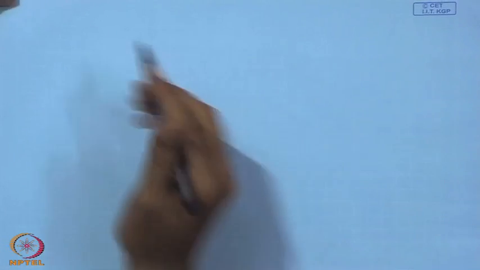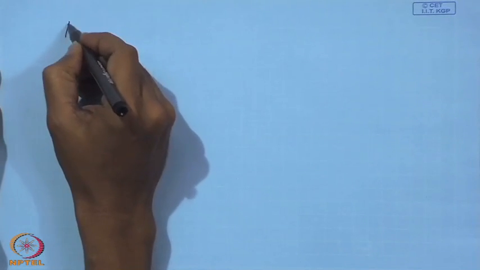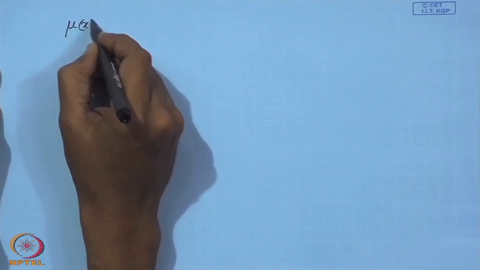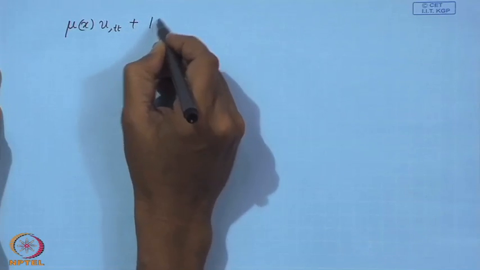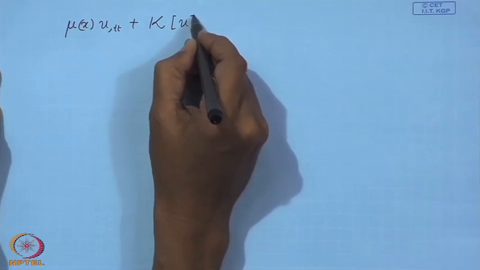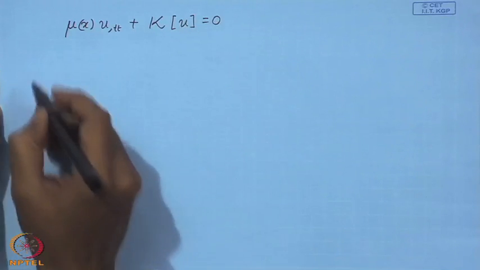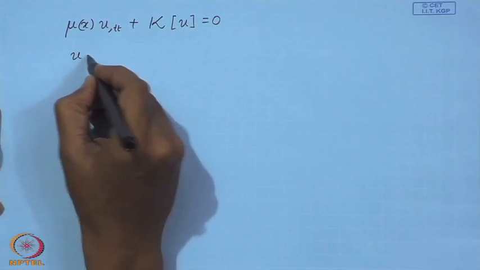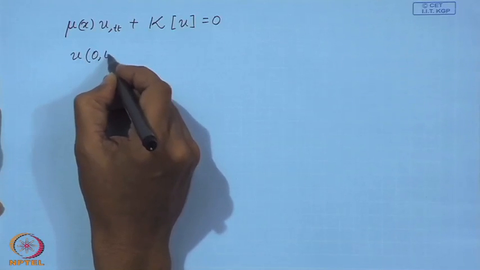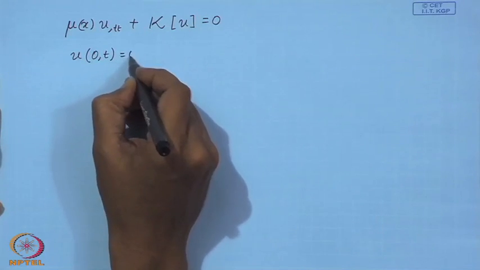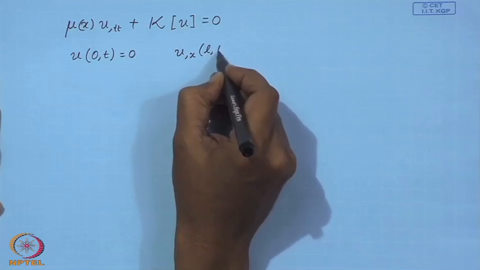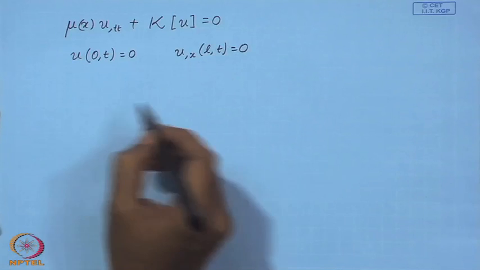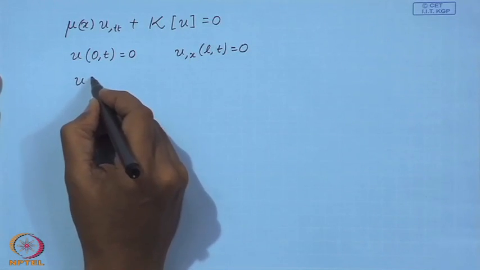So, let us see this general system with certain boundary conditions, let us say of this form, and some initial conditions.